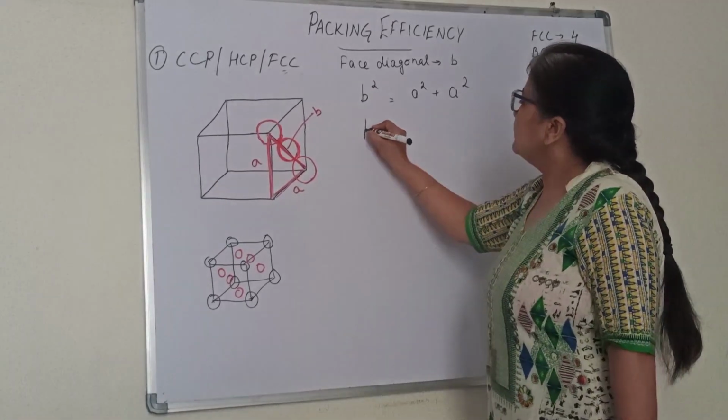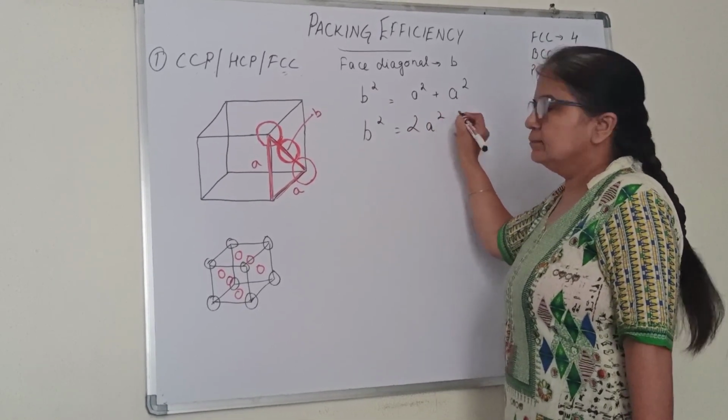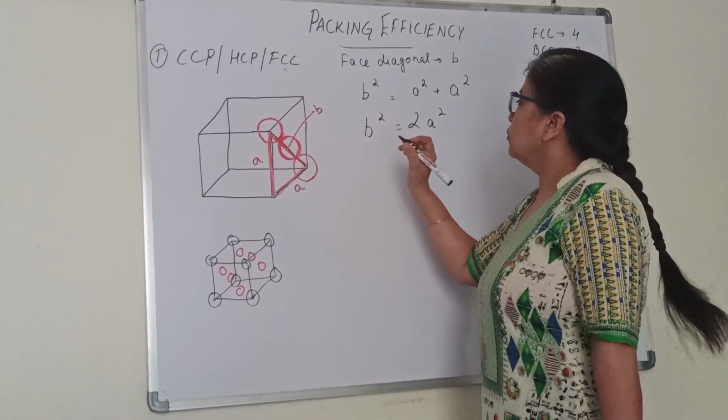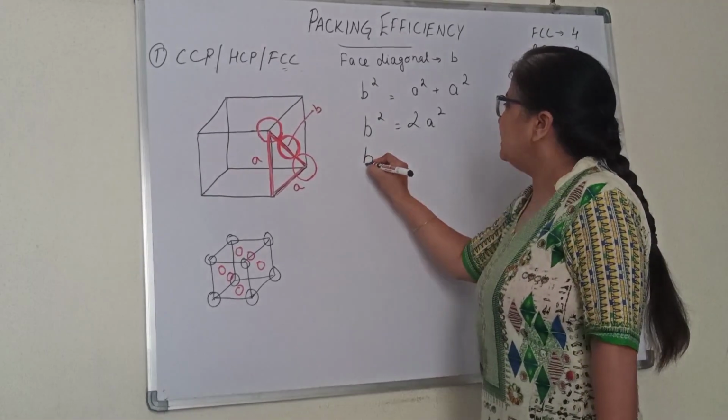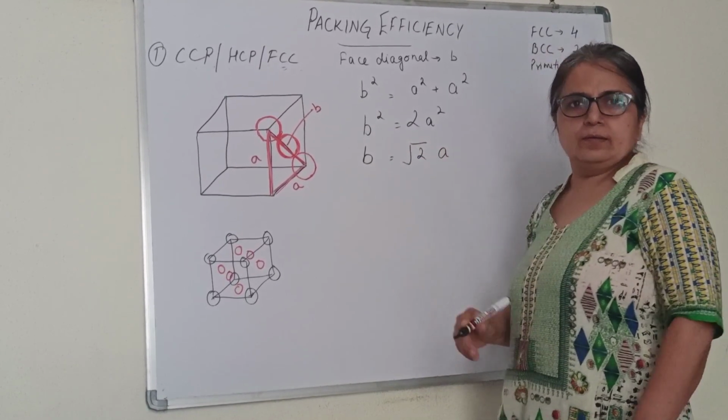So I will further write B square is equal to 2A square. Till here clear? Now I will take the root of it. If I take the root, I will get B is equal to root 2 A.